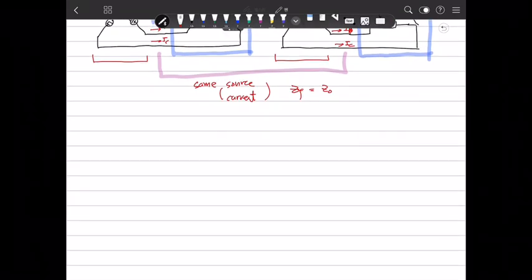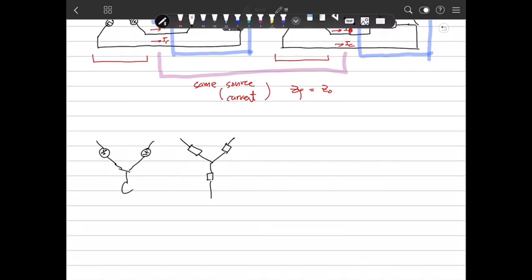In the same way, we have some impedance. Then we have impedance in this manner. We have Y, this is an impedance, and we have a Y connection source and connect in this manner.